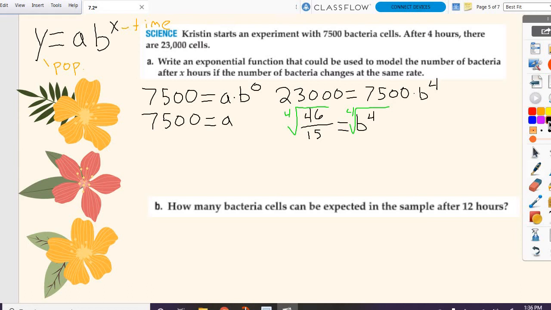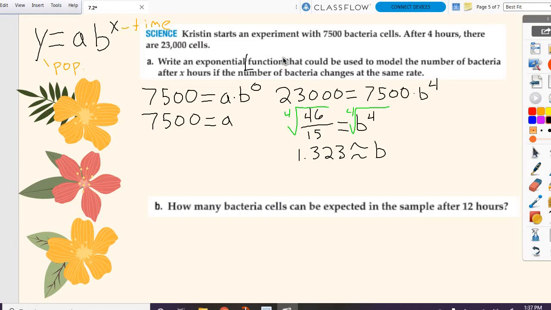So we end up with 1.323 is approximately b. Now again, remember, we found a, we found b, but those aren't our final answers.